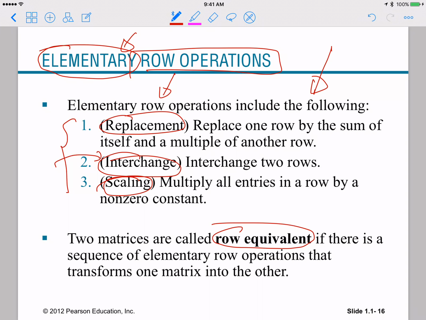And if we can change one matrix into another using these operations, we call them row equivalent. So two row equivalent matrices will have two linear systems that are equivalent. Okay?